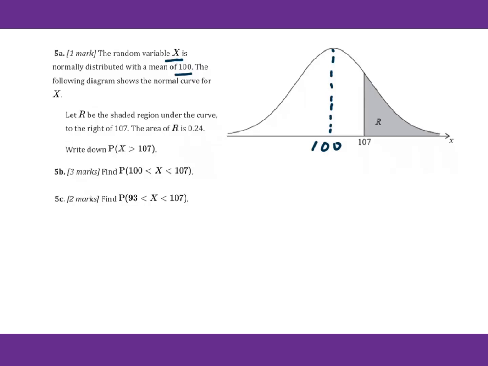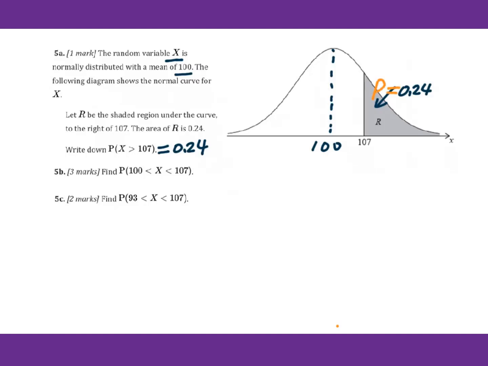The area of R equals 0.24. Write down the probability x greater than 107. That equals 0.24. Remember, for the normal distribution, the shaded area will be the probability.